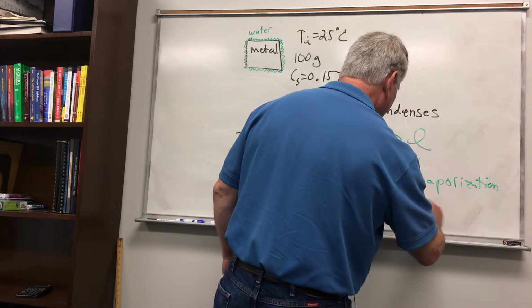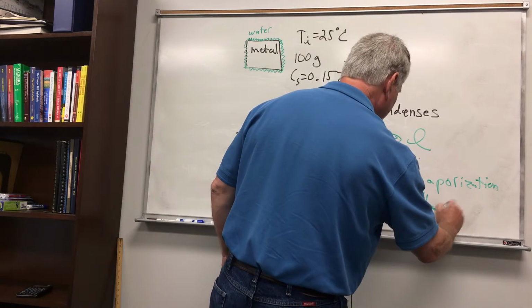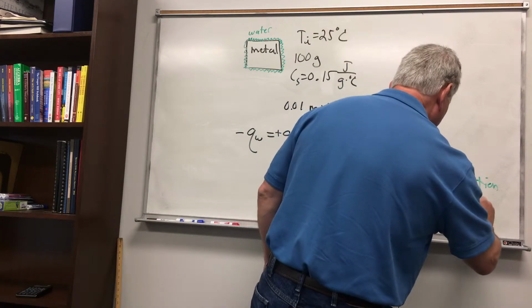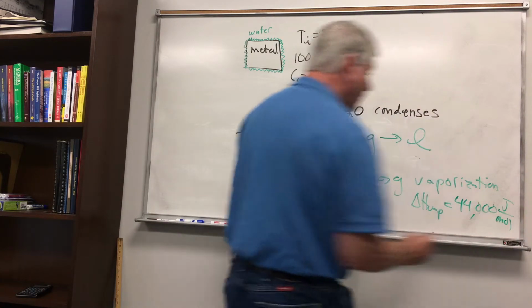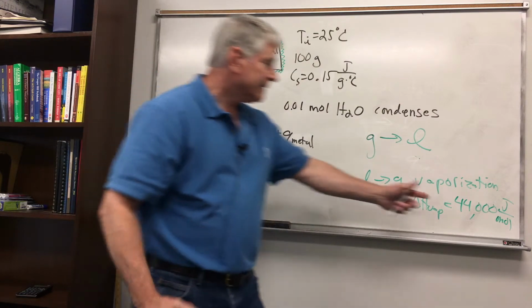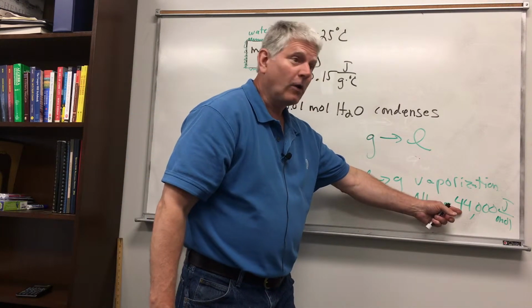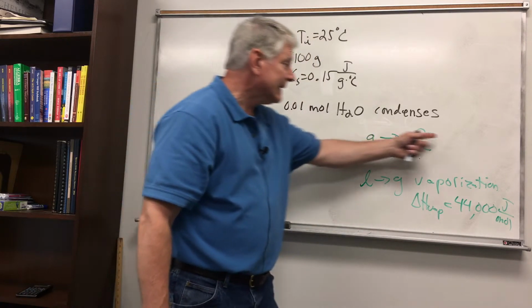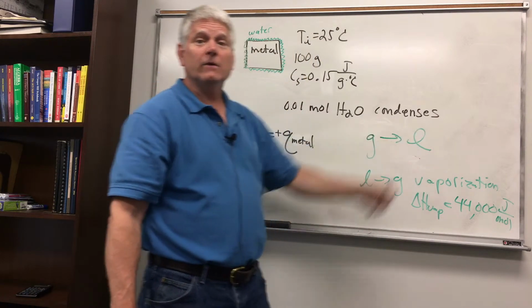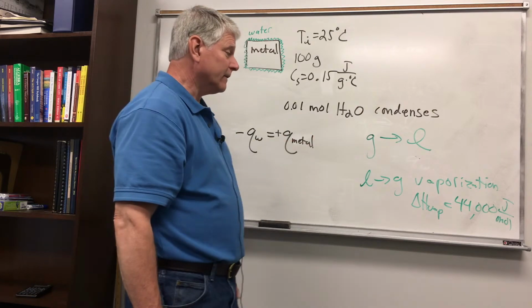And the enthalpy of vaporization for water is 44,000 joules per mole. So it takes this much heat to vaporize water, so this much heat is going to be released when we condense water, go the opposite direction.